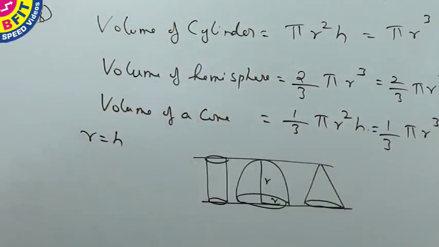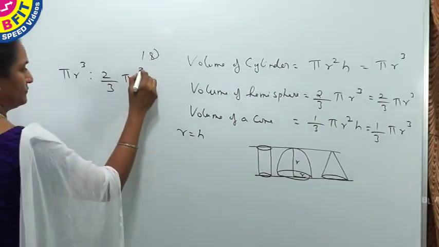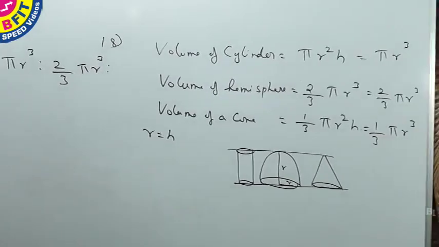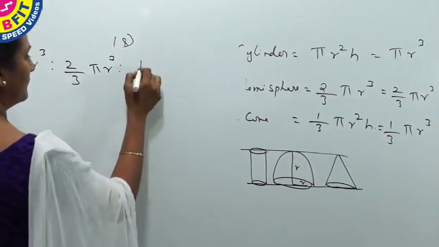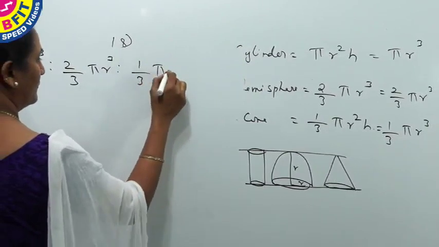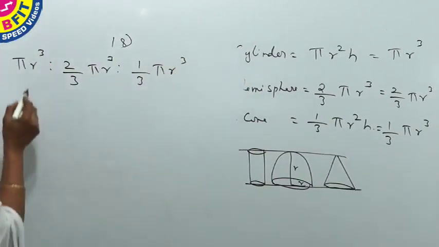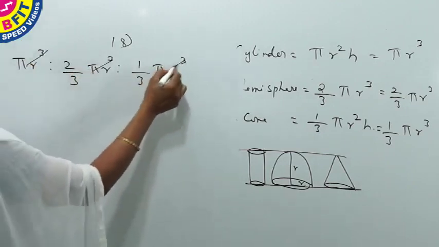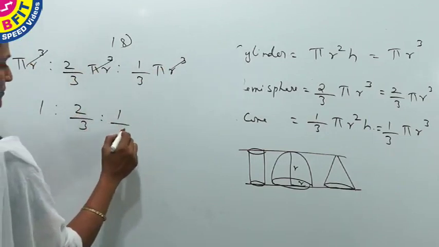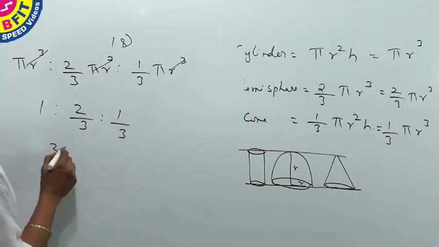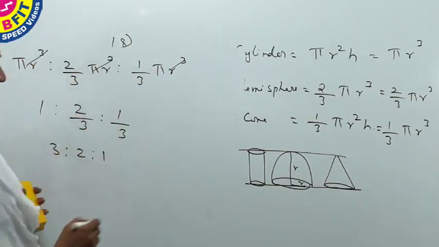So now comparing these three volumes, cancelling all these common factors, we have 1:2 by 3:1 by 3, which is equal to 3:2:1.